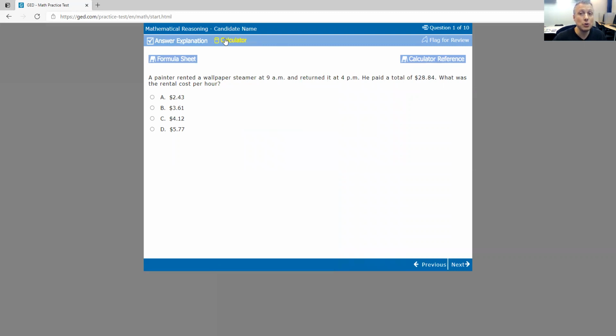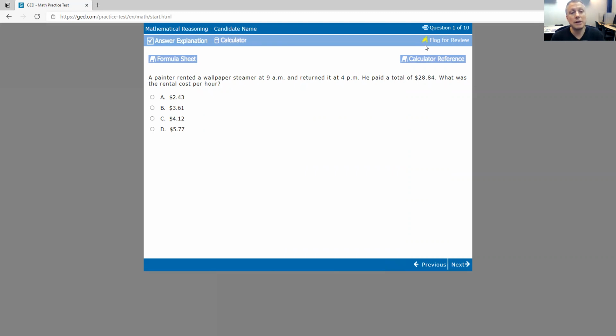So you have the calculator right here. Another thing that you can do on the official exam, if a question is very challenging and you don't want to do it on the spot, you can decide to come back to it by flagging it. So if you click flag for review, you notice this flag turned yellow, which means at the end of the exam, the computer will notify you that you have flagged some questions for review.